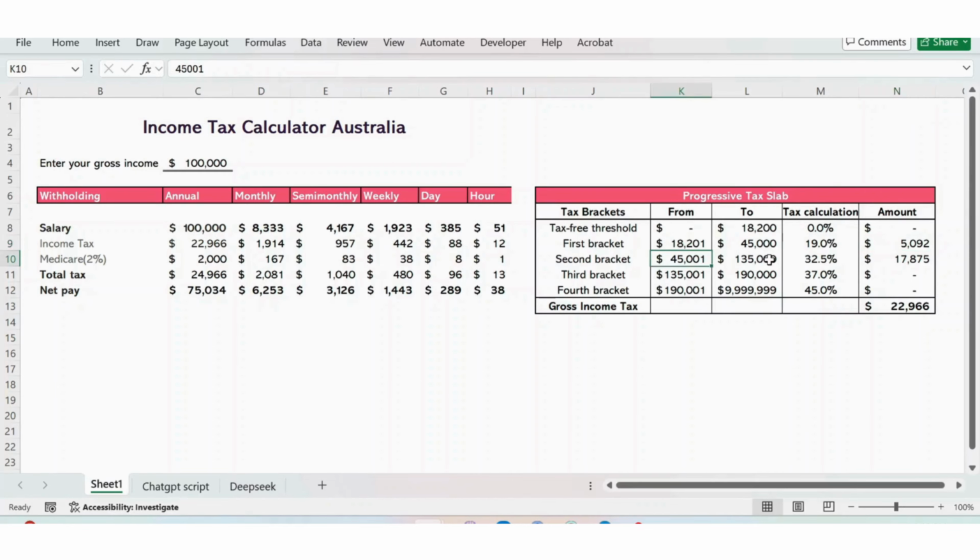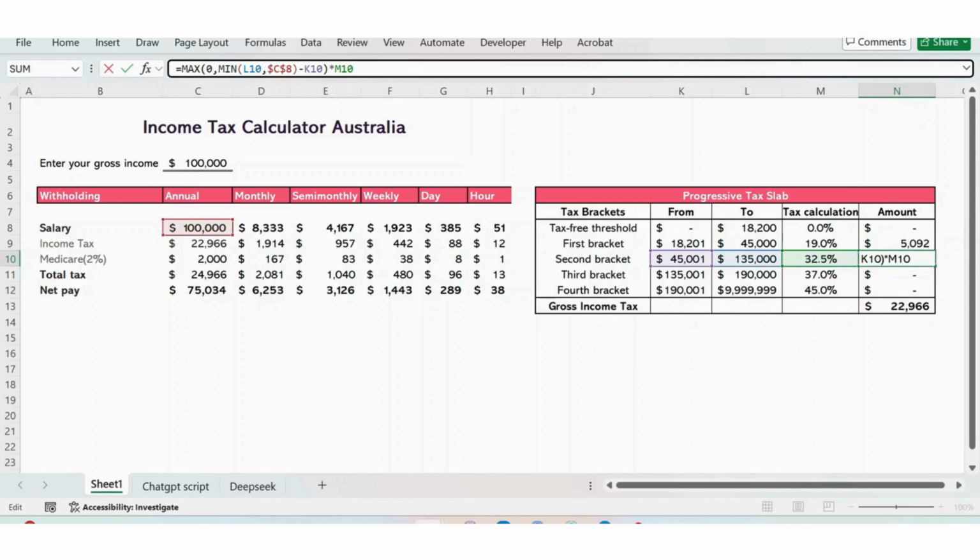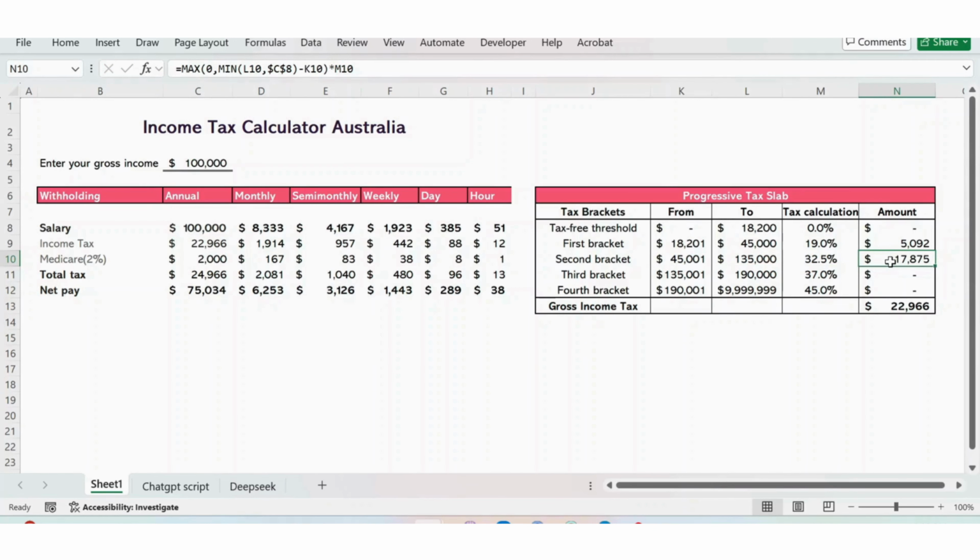Third slab, $45,001 to $135,000 is taxed at 32.5%. Since our income is $100,000, $100,000 minus $45,001 equals $54,999 times 32.5% equals $17,874.